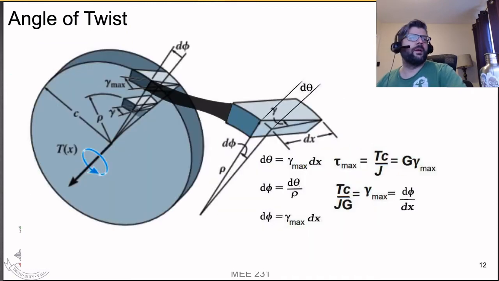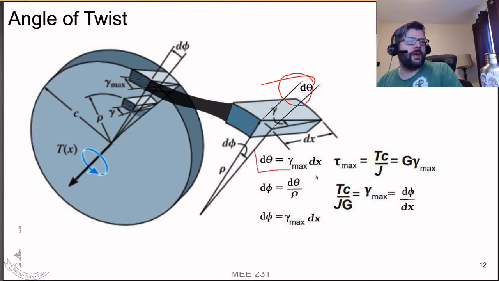And then if we know that shear strain, we know that it's going to cause a certain amount of displacement going on here. I'm going to call that d theta.